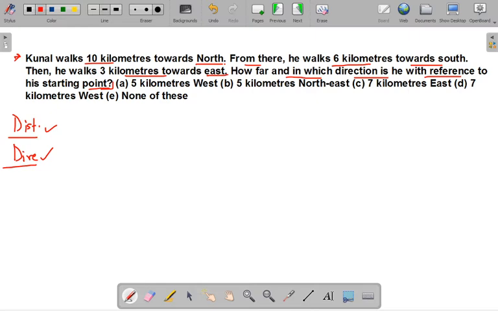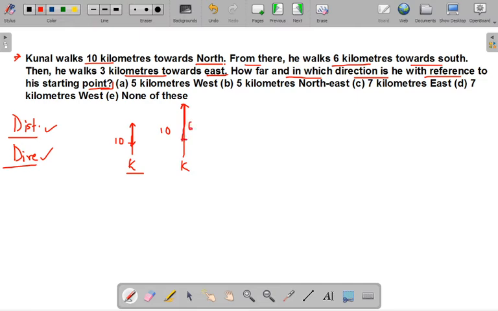Pay attention. So if this is Kunal, he went 10 kilometers towards north. And from there he walks 6 kilometers towards south. It means he came back. So this is 10, but he came back 6.